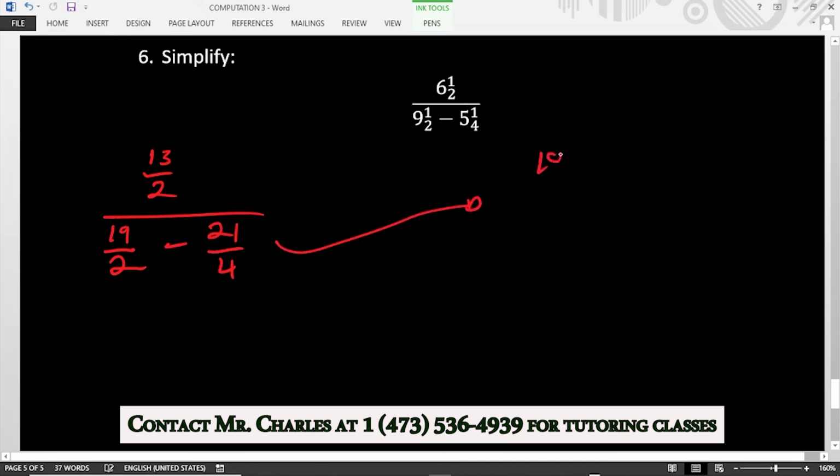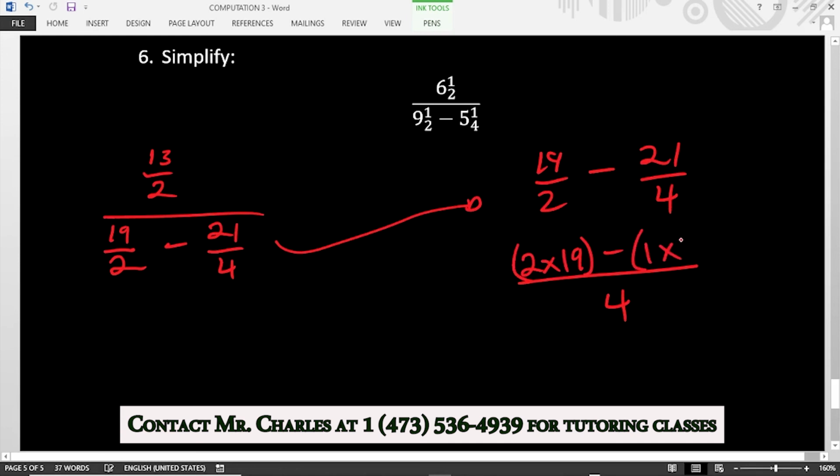So we have 19 over 2 subtract 21 over 4. The LCM of 2 and 4 is 4. 2 into 4 is 2. 2 times 19 subtract 4 into 4 is 1, 1 times 21. Okay, 2 times 19 is 38.